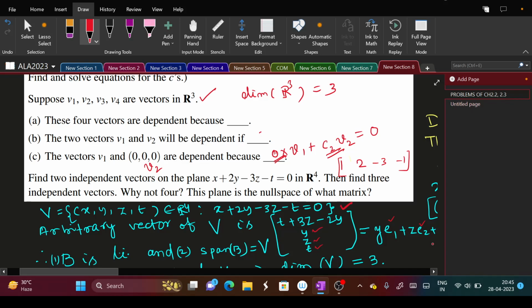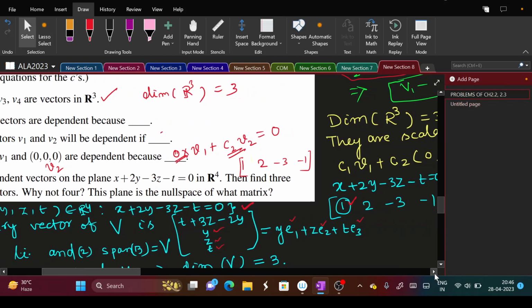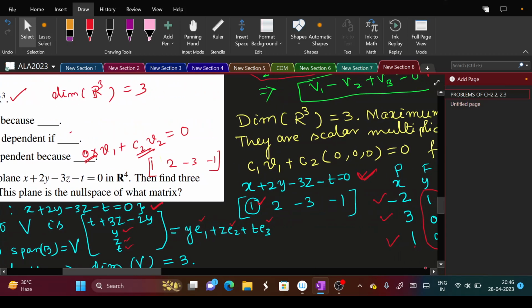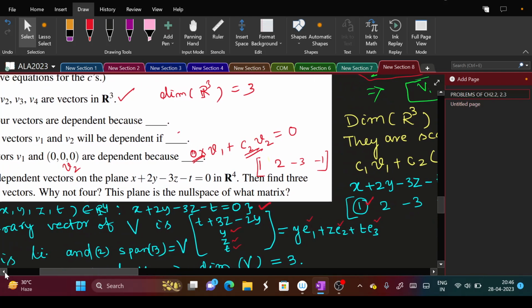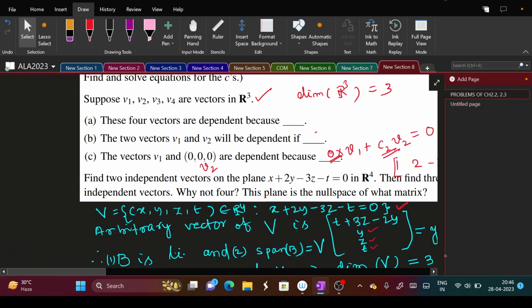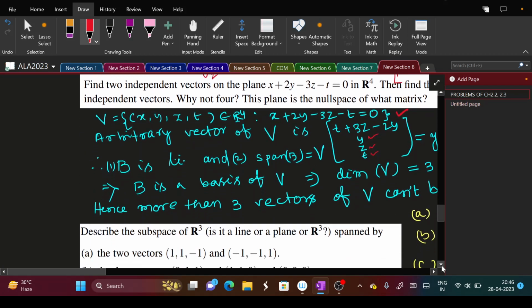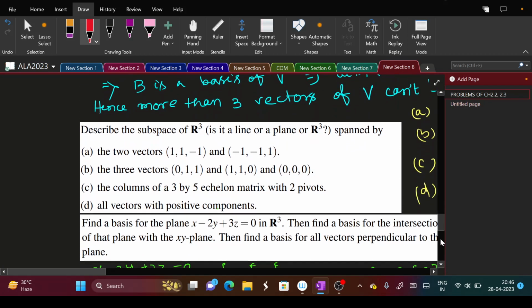For this matrix, it is the null space. So this question is over. Next we will go to the next number.